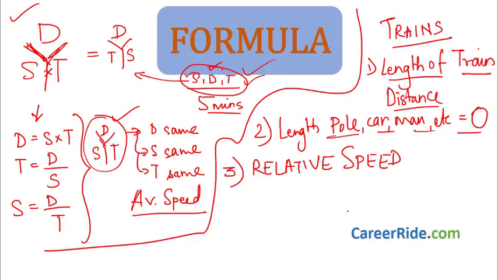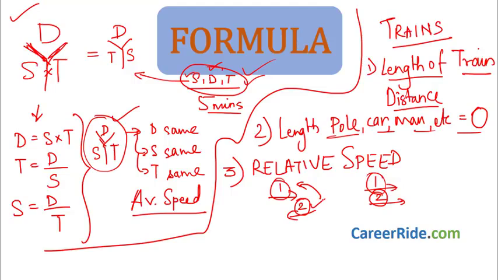But when we say relative speed, we are talking about 2 moving objects, one moving like this and the other moving in the opposite direction, or one is moving like this and the other one is moving in the same direction. So this is object 1, this is object 2. So speed of object 1 in relation to object 2, or speed of object 2 in relation to object 1.